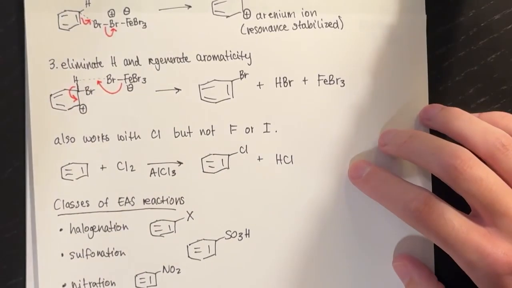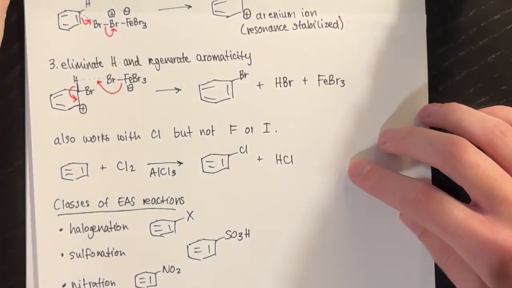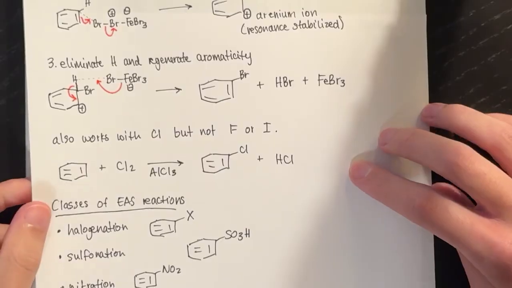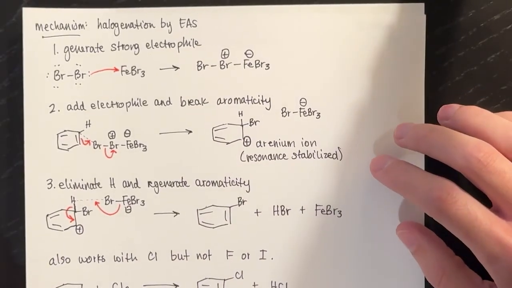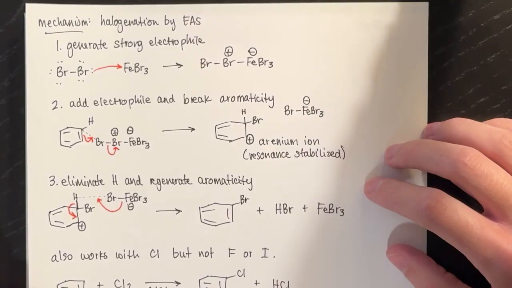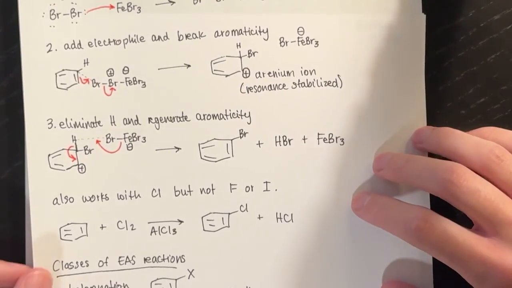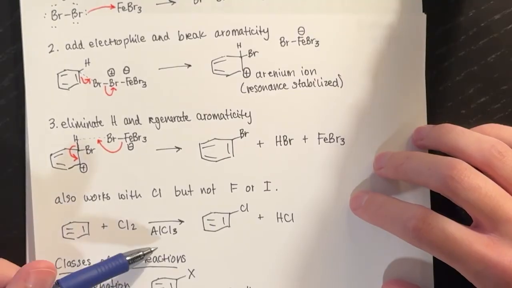I also told you that the reaction works with chlorine, but not with fluorine or iodine. So what I want to do first is go through a more, not an abbreviated mechanism, but a mechanism in the way you might draw it, say, on an exam, for chlorine using this slightly different metal reagent, aluminum chloride.